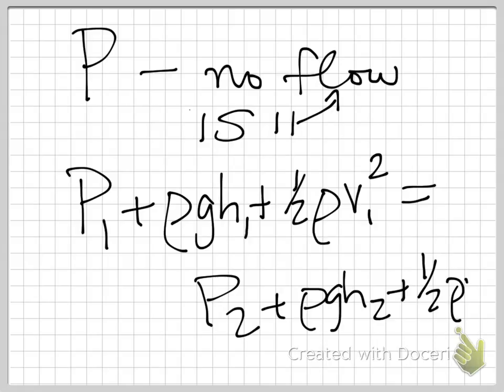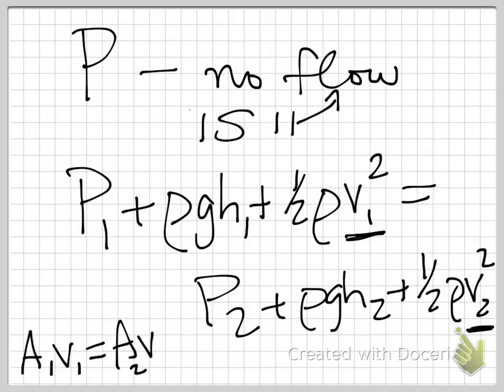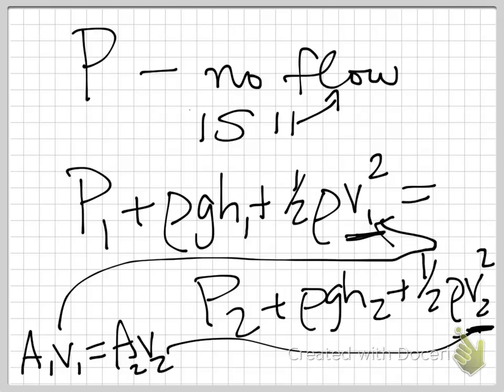Now, I won't say 100% of the time, but most of the time, the fact that you have these two V's here means you're going to incorporate continuity at the same time. Because this is V1, and this is V2. So the size of the pipe changes, the velocity changes, and you can incorporate that. So you're going to combine those two equations quite a bit.